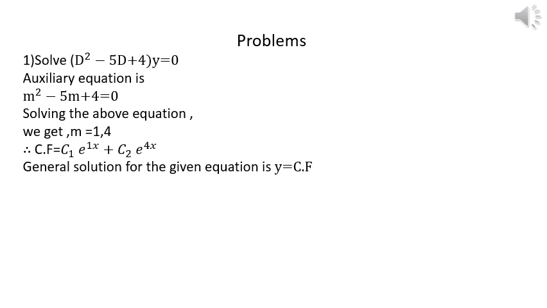Another name is complete solution. So first step, write an auxiliary equation, that is, leave the y and write the remaining. It is d square minus 5d plus 4 equal to 0.